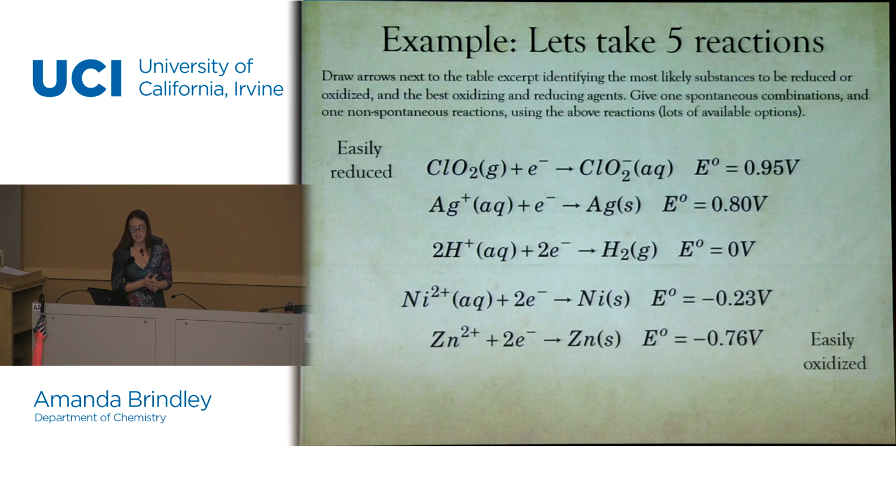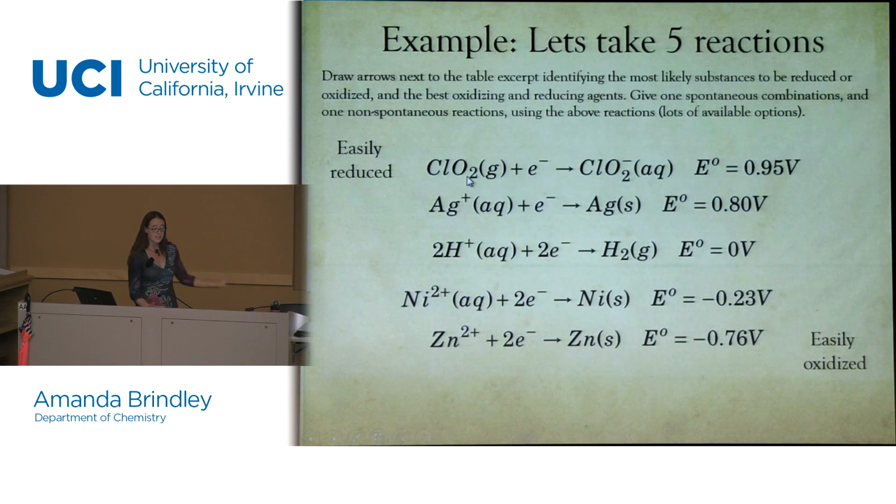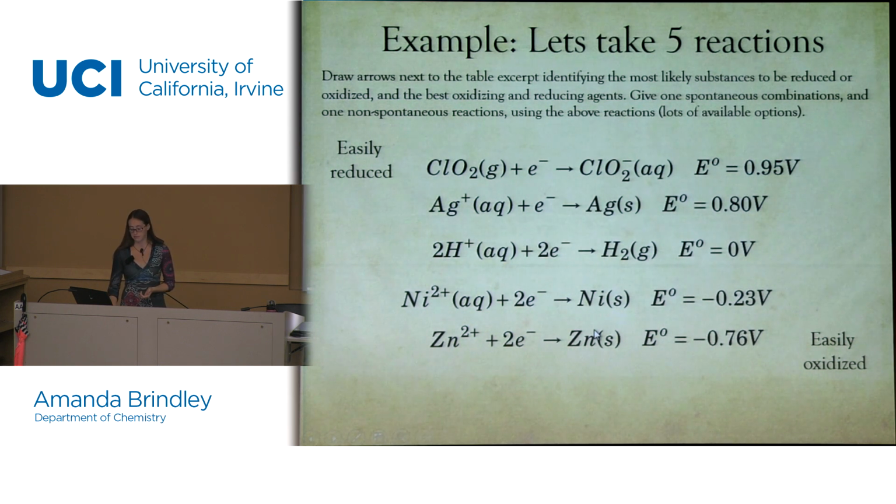Now let's write a spontaneous reaction. So we need to pick some things. Doesn't really matter which one. Let's just pick the first two. So if we take the ClO2, this is the most easily reduced on the entire table. And we want to react it with something that'll make a spontaneous reaction. Well, we could actually pick anything, because this is easily reduced, so anything on this side will react with it.